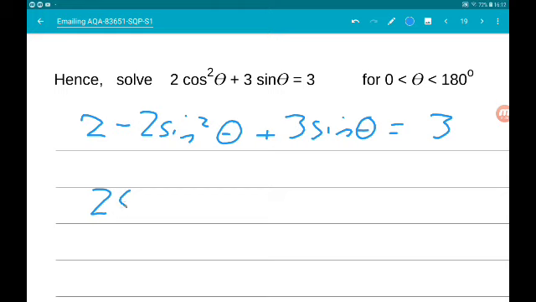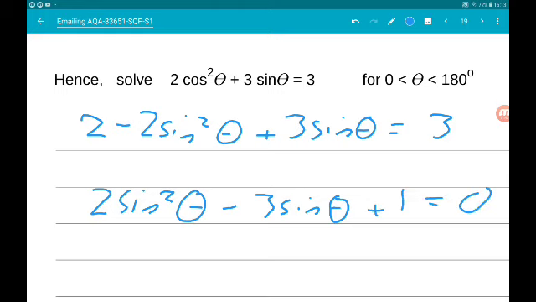So we would get 2 sine squared. Then we're going to subtract the 3 sine theta. And then we're also going to take away the 2. So we're going to get 3 minus 2 is 1, and then that would equal 0.